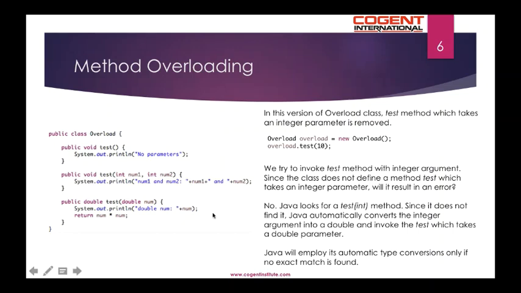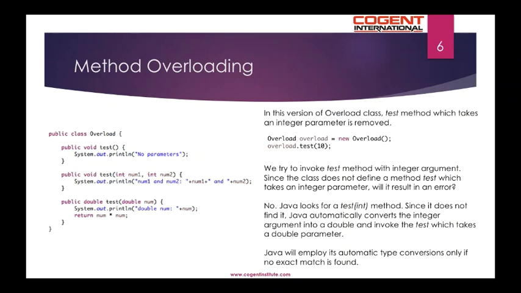In this version of the overload class, the test method which takes an integer parameter is removed. We create an instance of the overload class and invoke the test method by passing in an integer literal. Since the class does not define a test method which takes an integer parameter, will that cause an error? No. Java looks for a test method which takes an int parameter.